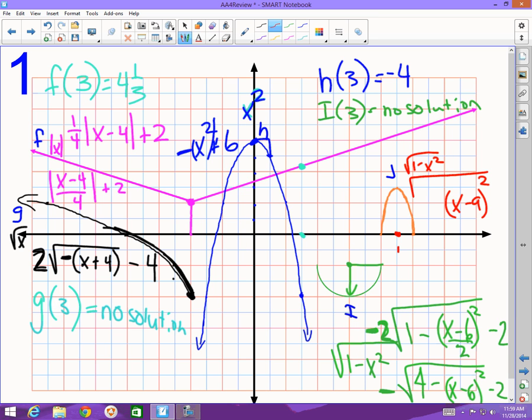So then square root of 1 minus x minus 9 squared. And it's stretched vertically 3, so there'd be a 3 out in front. And it would have to be the positive 3 because it's only the top half of the circle. And that would be that one.